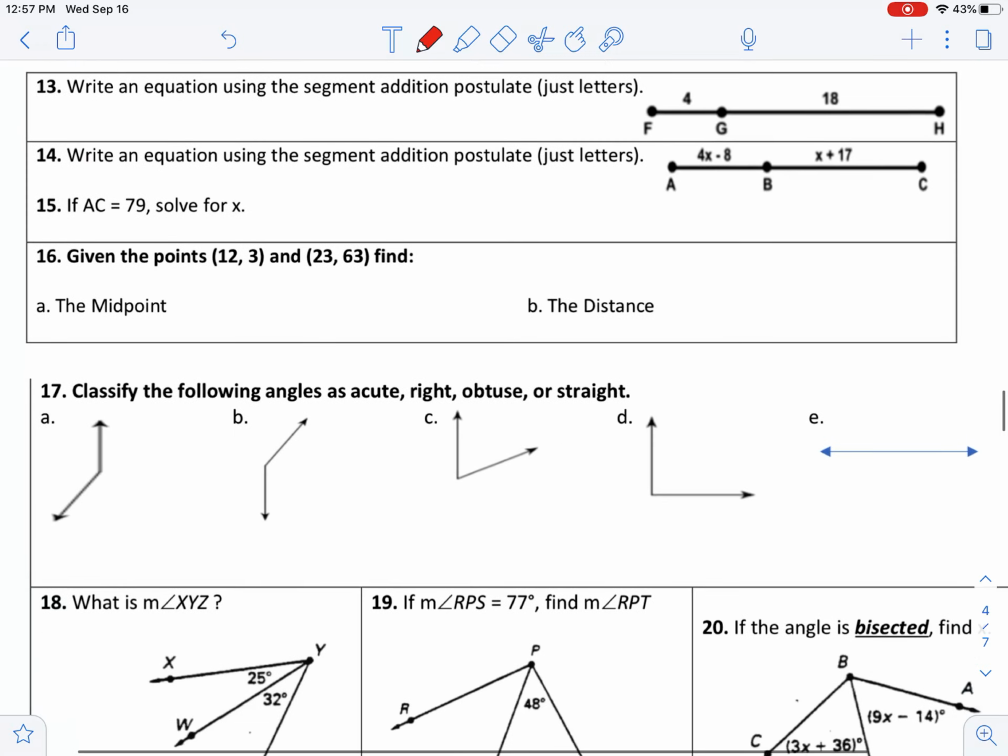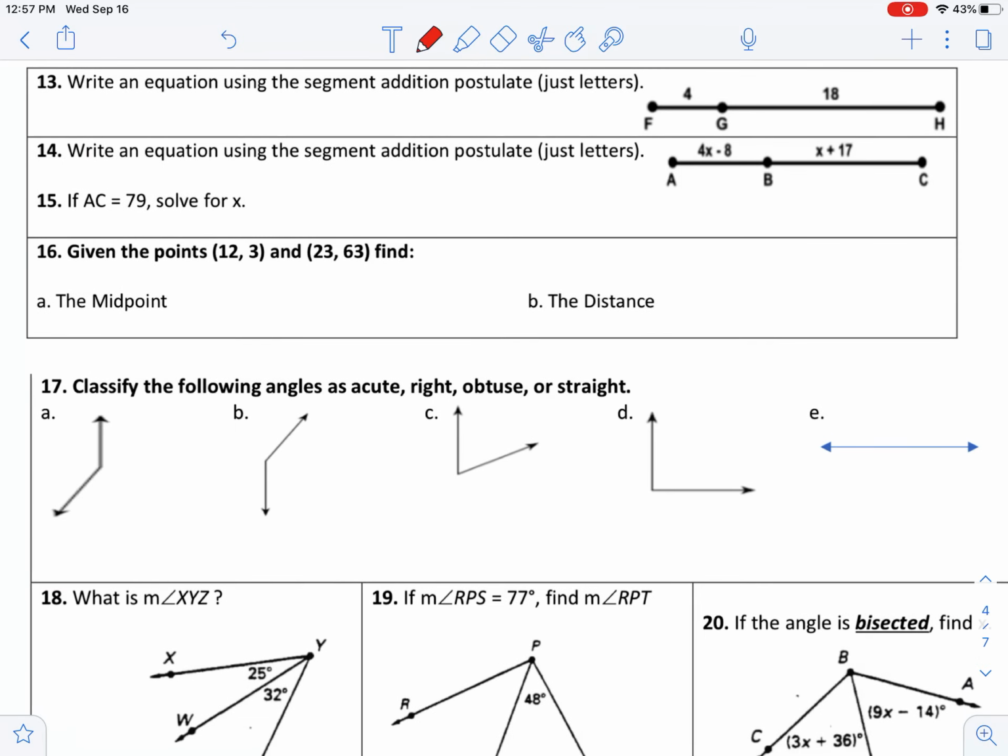So let's look at 13, 14, and 15. I want to write an equation for the segment addition postulate. So this would be AB plus BC equals AC, or part plus part equals whole. So we can just go left to right and say FG plus GH, the other part, gets me my whole segment of FH.